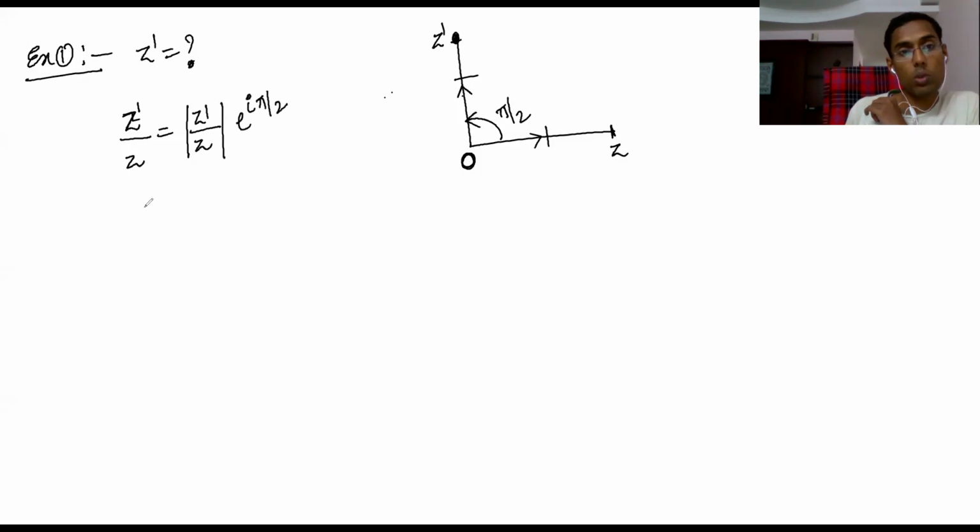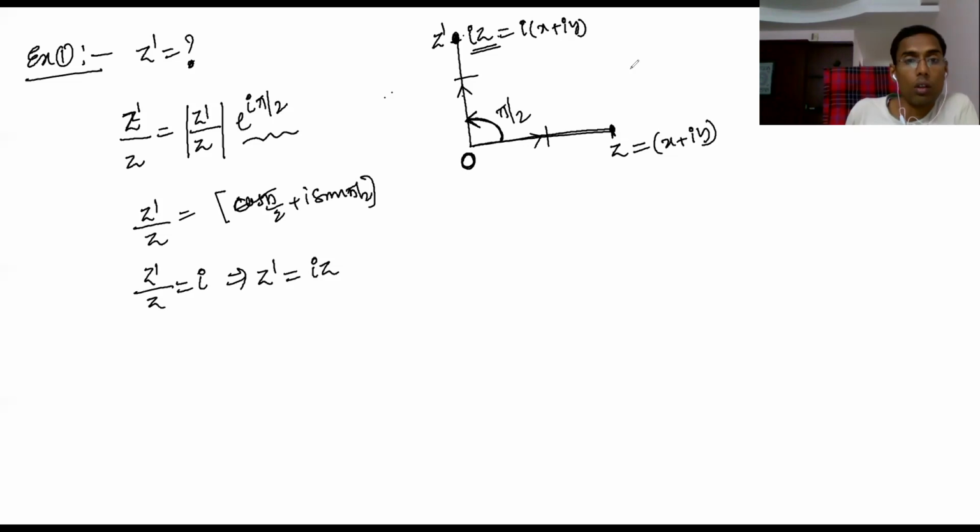The magnitudes are the same, so they cancel. e to the power of i pi by 2 means cos pi by 2 plus i sin pi by 2, so Z dash by Z equals i, and Z dash equals iZ. The modulus of Z dash by Z is 1 only, because both are equal.